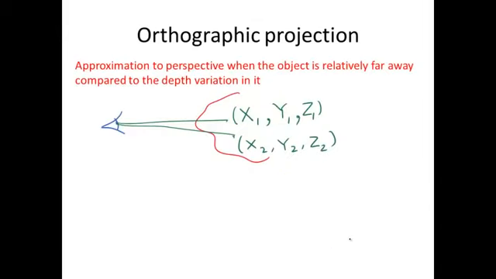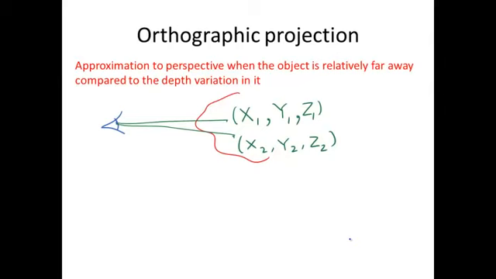Finally, I want to conclude by talking about an approximation to perspective projection called orthographic projection. We use this quite a lot, and the reason is that it makes the mathematics much simpler in certain times. When is this approximation valid? This is an approximation to perspective when you're looking at an object which doesn't have that much depth variation inside it and is relatively far away.